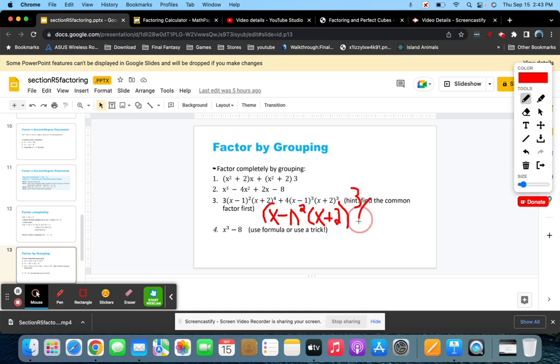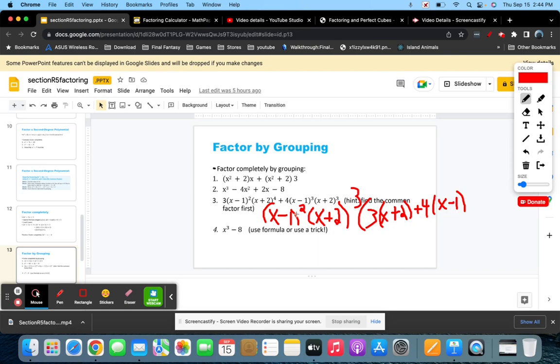And what would I be left with is 3 times an x plus 2, the x plus 2 that was left over when I pulled out the 3 of the x plus 2's, plus 4. And what did I have left over here? 1 x minus 1. So I'll keep that right here: 4 times x minus 1. I only had 1 of those left over when I factored out these 2 out of both sections.